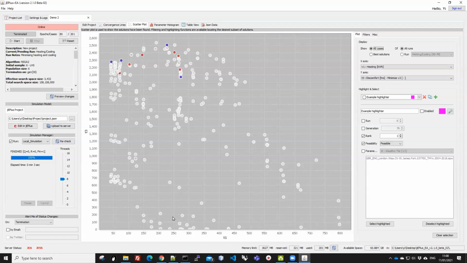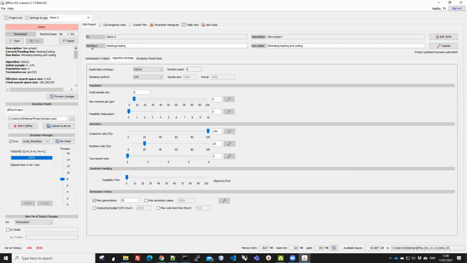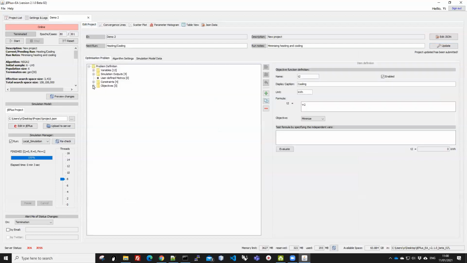Now the question is, how do you add it in? What would be your approach to consider comfort as well? If we go back to the definition of the project, we have comfort as an objective. So can we enable this objective and have that optimized with heating and cooling altogether?